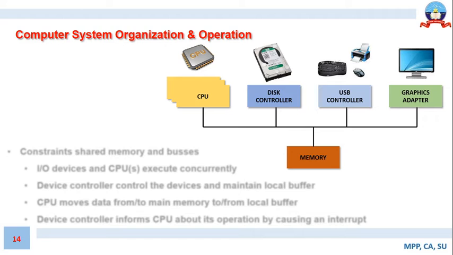Whenever operations are to be performed by the central processing unit or the IO devices, it has to be ensured that the communication channels are being optimally utilized. As I've already said, the central processing unit performs its own dedicated set of operations, and IO devices perform their own set of operations.